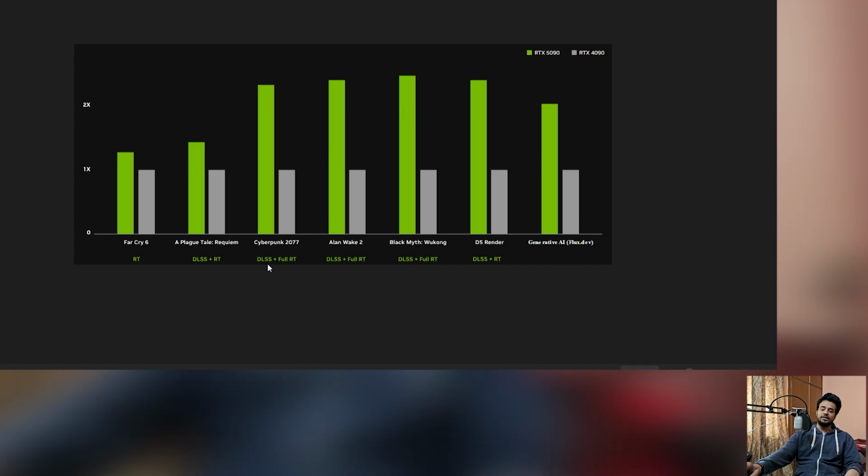But this is with DLSS 4 and Frame Gen on. We'll talk about that later in the video. But in terms of raw rasterization performance, this is more or less it. With ray tracing, Far Cry 6 is 1x for the 4090 and around 1.2 to 1.3x for the 5090. So the improvement is not as much as they're making it seem like.